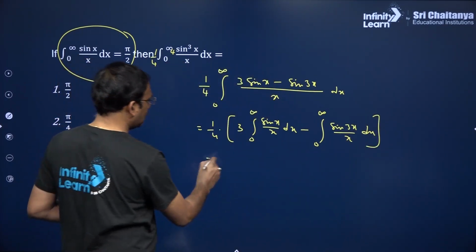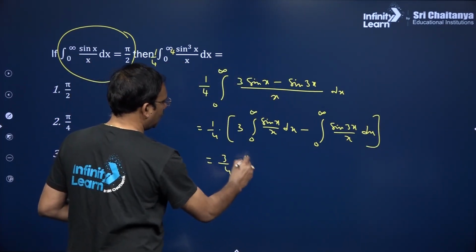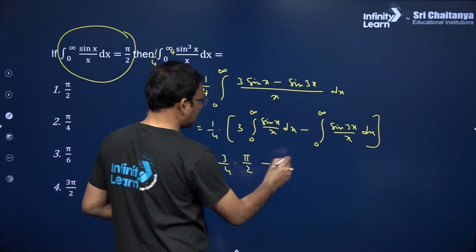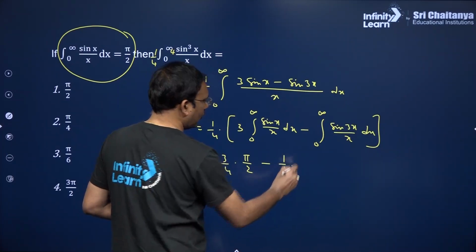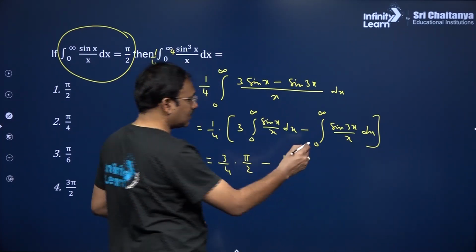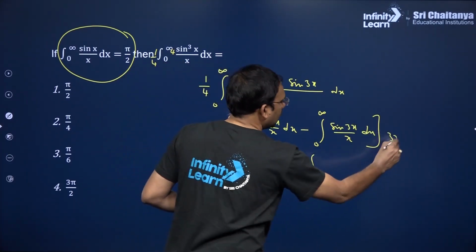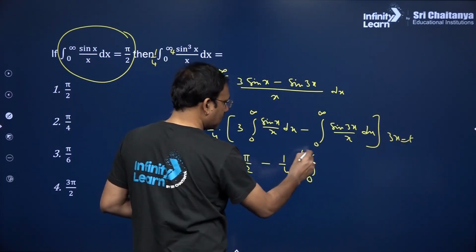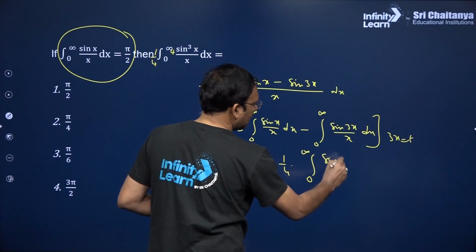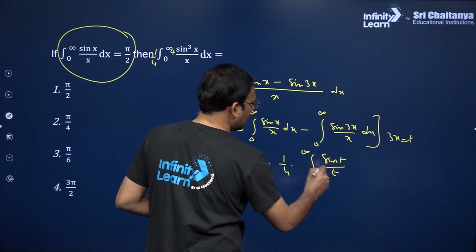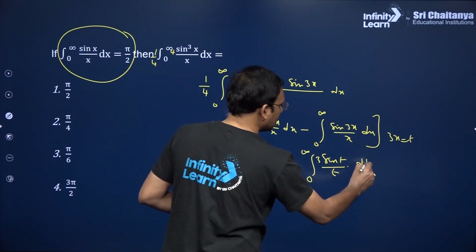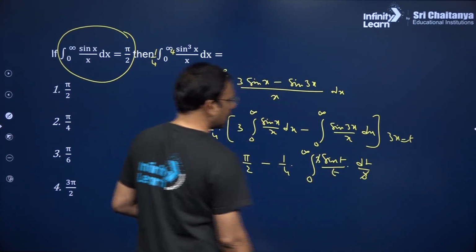Hence you can write this is 3 by 4 into pi by 2, it is given as pi by 2. Here, my dear friends, minus 1 by 4 into, why don't you take 3x as t? If you take 3x as t, my dear friends, x becomes 0, t becomes infinity, this is sin t, x is t by 3, and 3 dx will become dt, so 3 got cancelled.